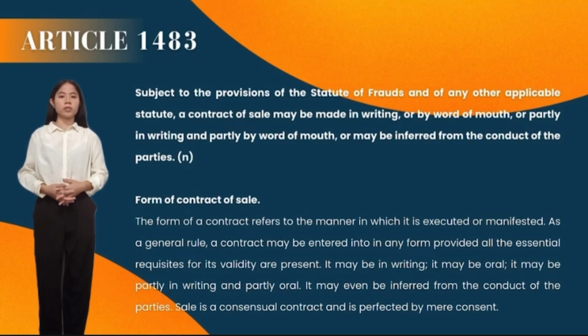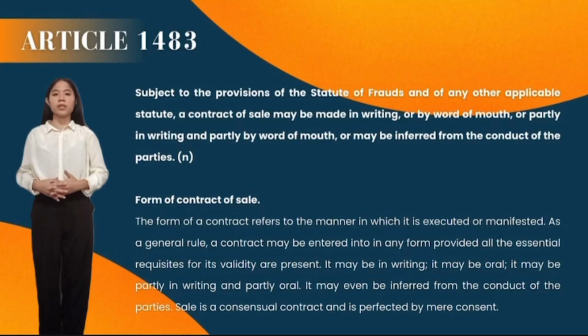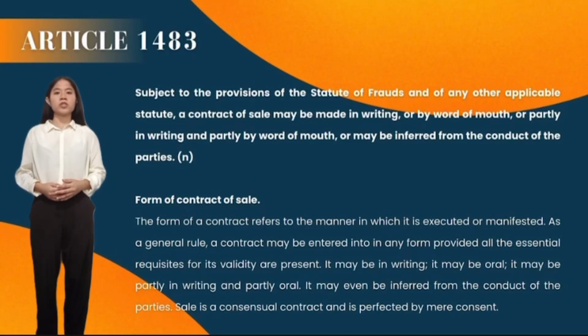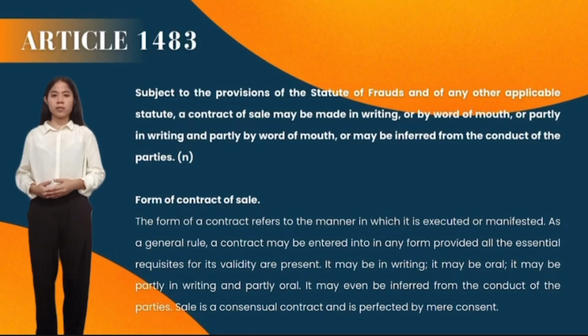Article 1483. Subject to the provision of the statute of frauds and any other statute, a contract of sale may be in writing, orally, or partly in writing and partly oral, or inferred from the conduct of the parties. Form of contract of sale. It refers to the manner in which a contract will be made, executed, or manifested.